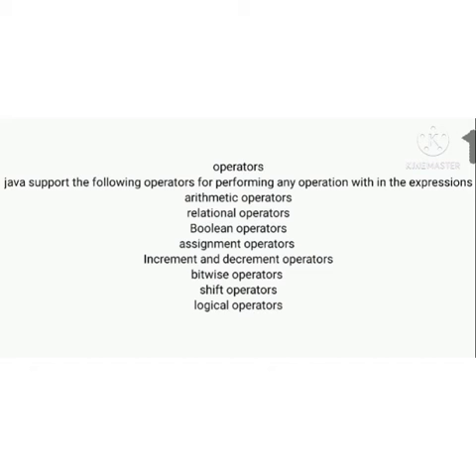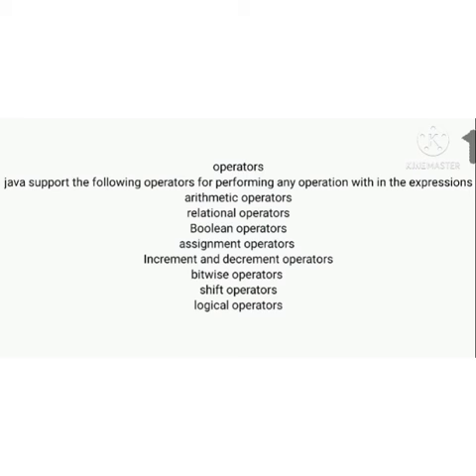Next, boolean operator. Here we use true and false in the Java programming language. Next one is assignment operator. Assignment operator means we use an equal symbol to store a value in a variable. int x = 5. Here we can also store the value of a variable into another variable. int x = y.